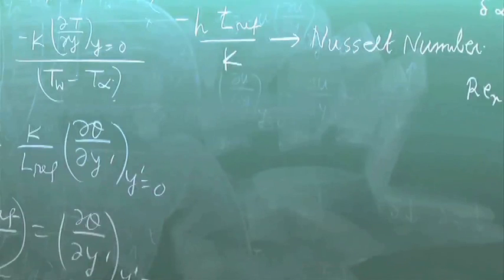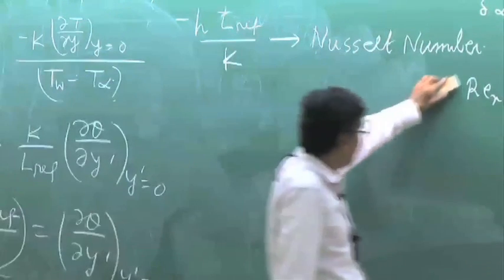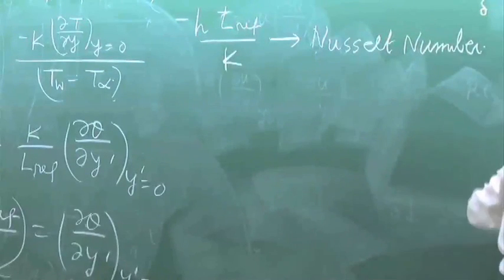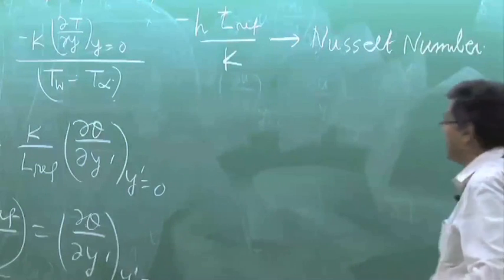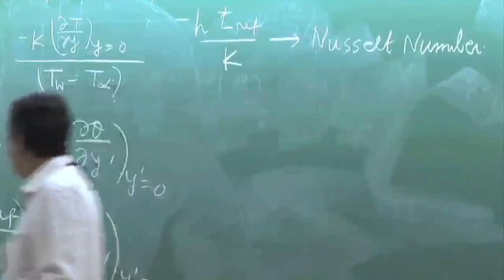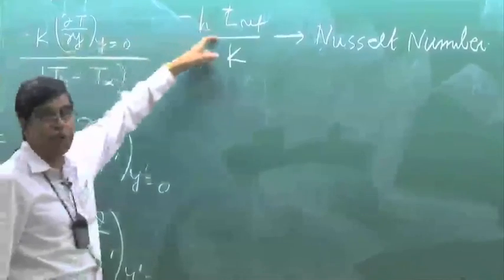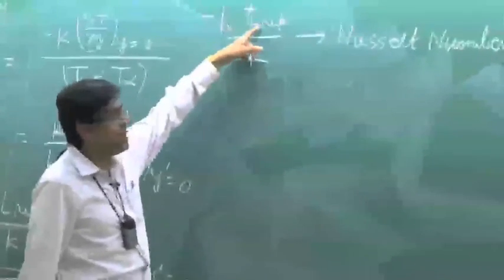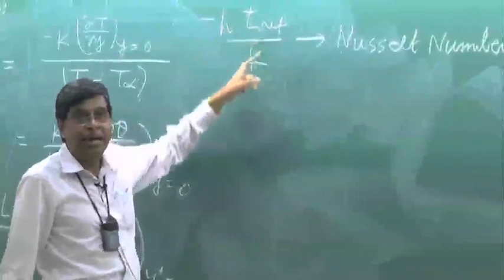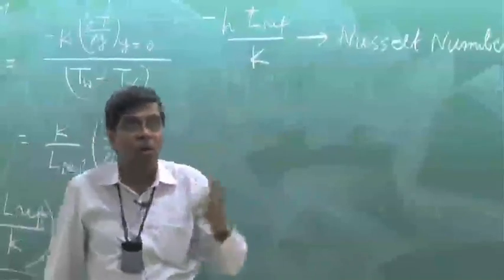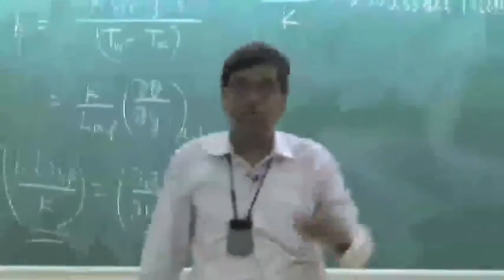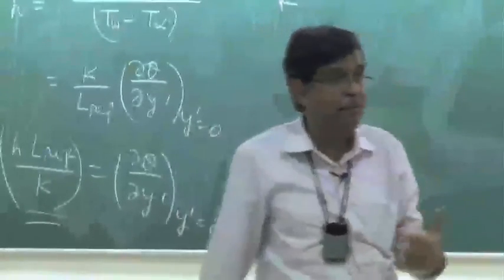So here in the derivation of Nusselt number, derivation means to have an idea of Nusselt number, we see that Nusselt number is a non-dimensional heat transfer coefficient based on a reference length and K, like Reynolds number, rho Vd by mu, where D is the hydraulic diameter for internal flow.